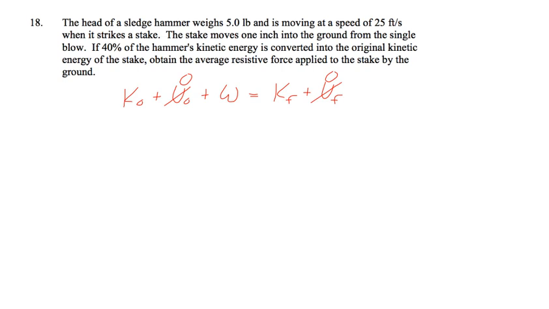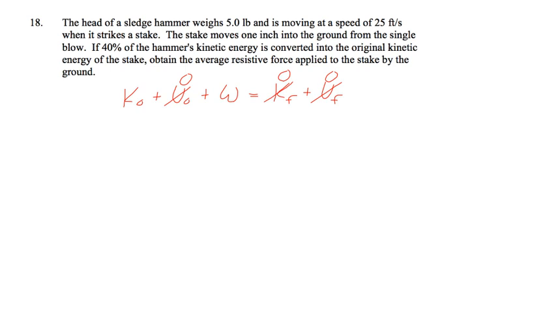Now, once the stake is 1 inch into the ground, it will no longer be moving. So if it's no longer moving, then we know that the final kinetic energy is 0. So the only things I have left here are KO plus work equals 0.